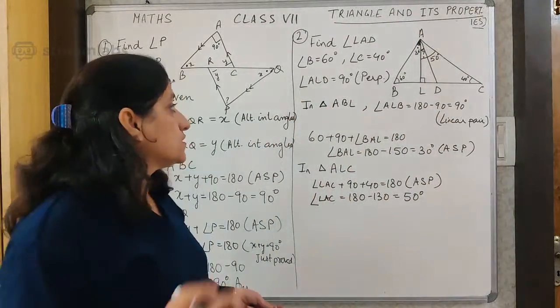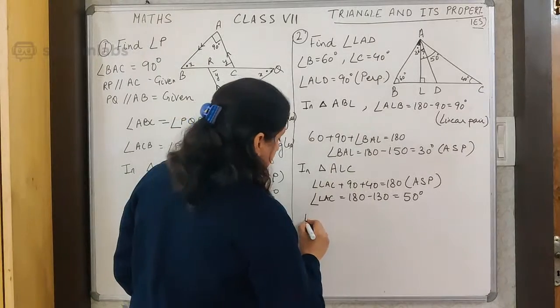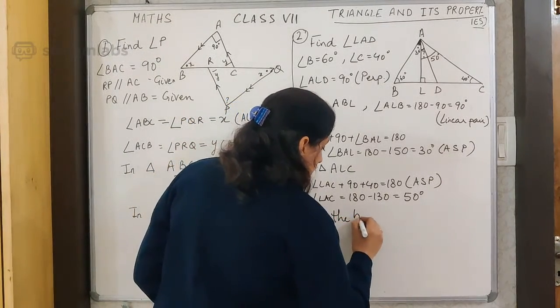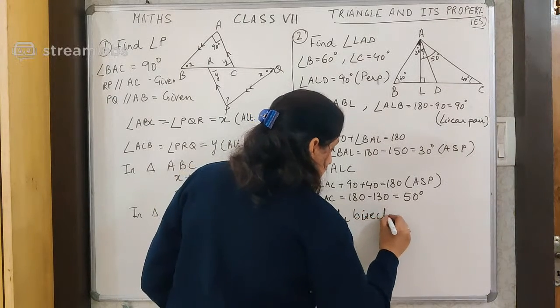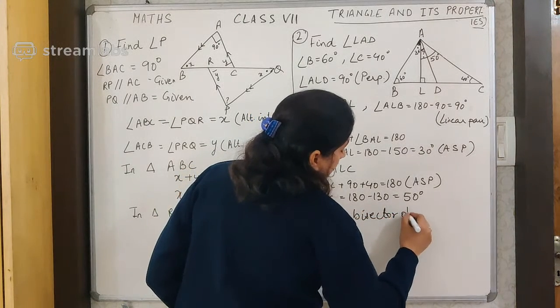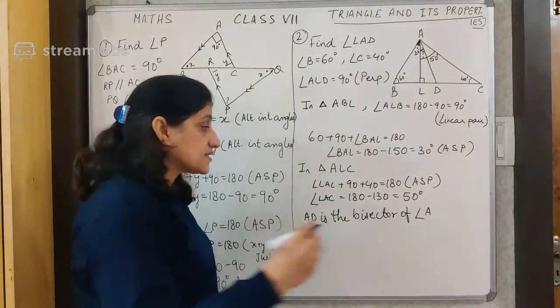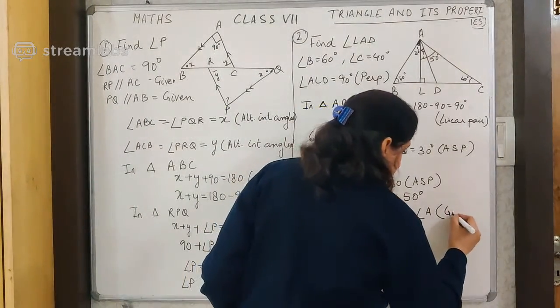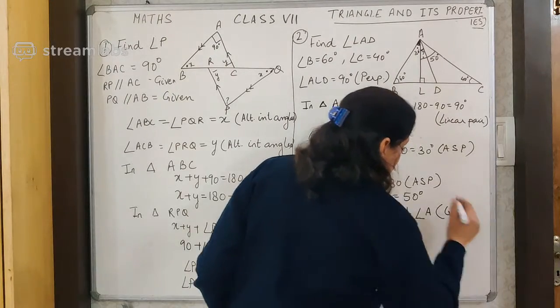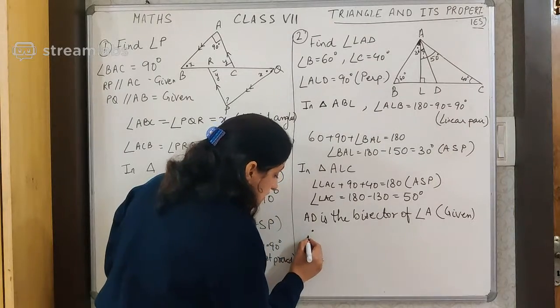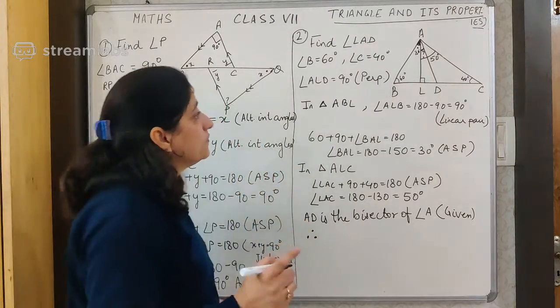Now what I will use, it is also given to me that AD is the bisector of angle A. This is given to me, okay? I'll write in the bracket given. Because AD is the bisector of angle A, therefore, now this is the very important step over here.